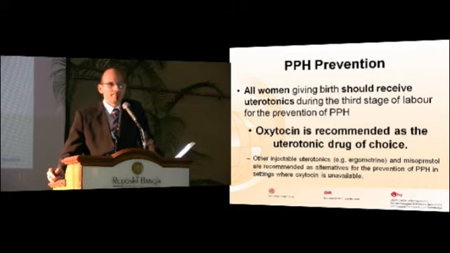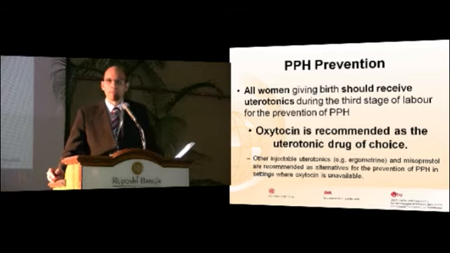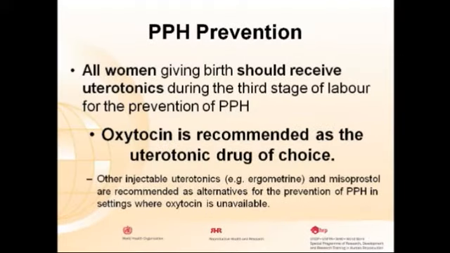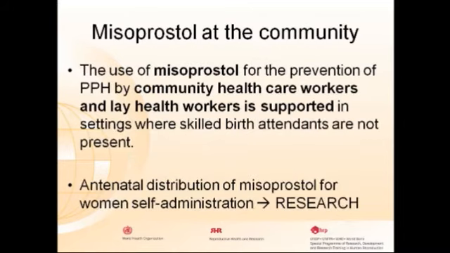In settings where the use of oxytocin is not possible, the panel also recommends the use of other injectable uterotonics, for instance ergometrine, and misoprostol, as recommended alternatives for postpartum hemorrhage prevention. In settings, as I said, where oxytocin cannot be used.